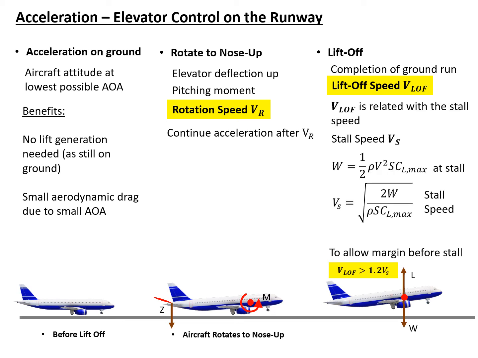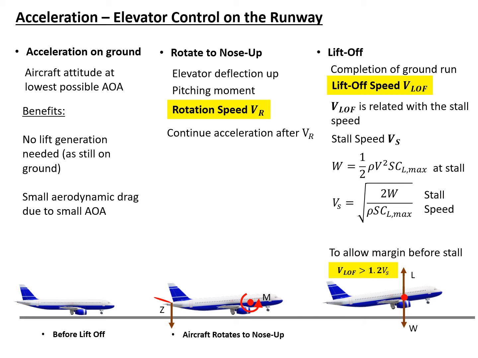And lift-off speed is related to stall speed, and the relation here tells us how to calculate the stall speed. We have W equals half rho V squared times S times CL max, and we know the CL increases nearly linearly before stall happens. So we use CL maximum. That's a borderline. If it's larger than that, stall will happen.